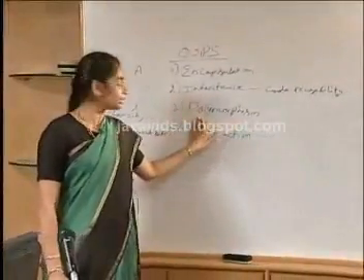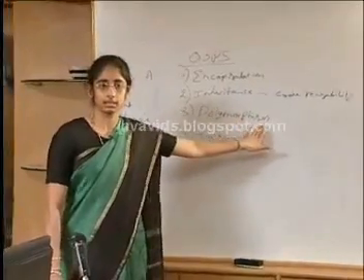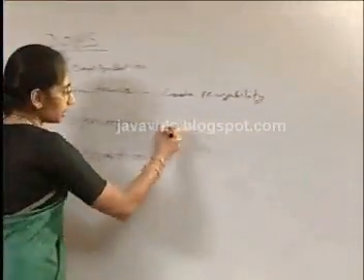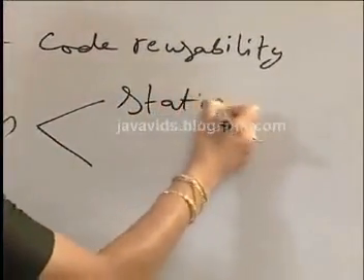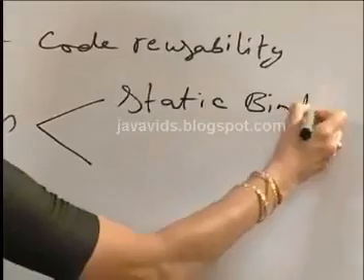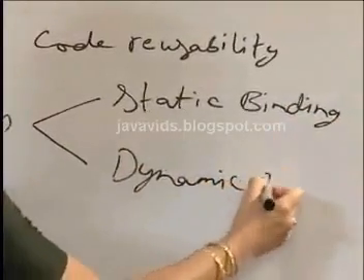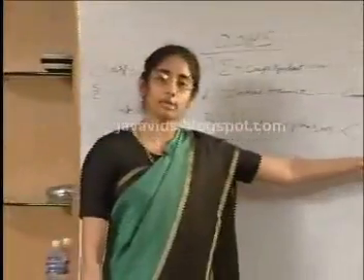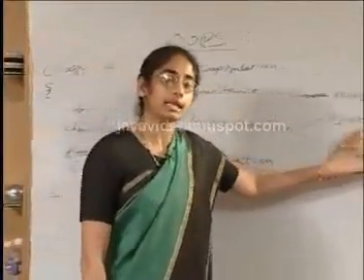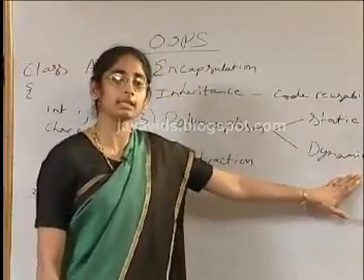Next, polymorphism. Polymorphism means, polymorphic means many forms. So there are 2 types of polymorphism that we talk about out here, called as static binding and dynamic binding. Static binding is so called because it is checked at compilation time, whereas dynamic binding, the checking is done at runtime.